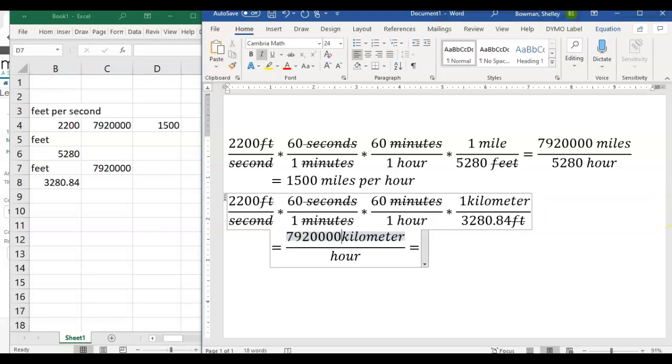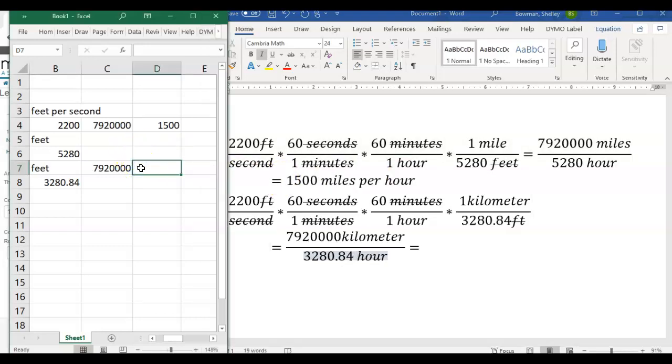so here we have our 7,920,000 kilometers per, over here I have 1 times 1 times 1 times 3,280.84, that's still the same. So when we actually type it in over here to divide and simplify, it'll be a little different.